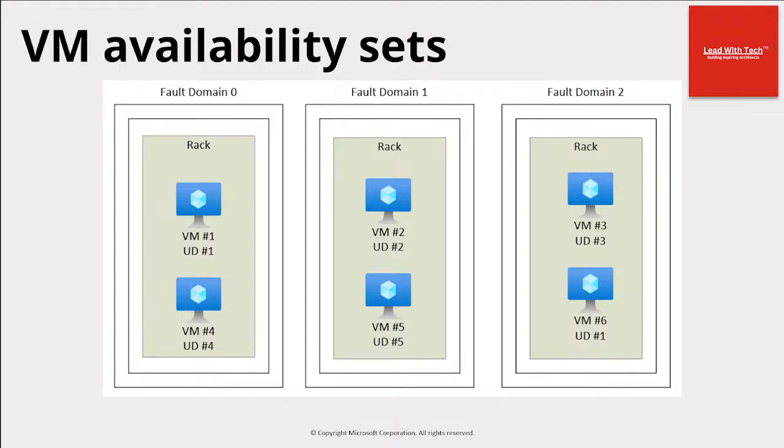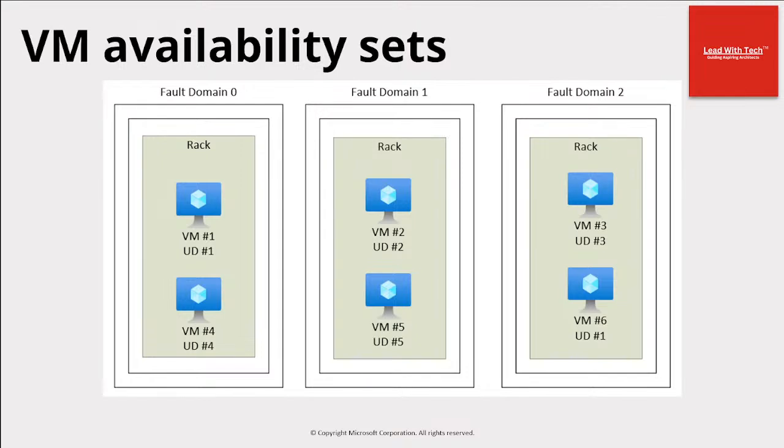Availability sets are something where, if you want to ensure your application is up with minimal or no downtime, you need to configure availability sets to ensure there is always a backup service available whenever the main VM goes down.